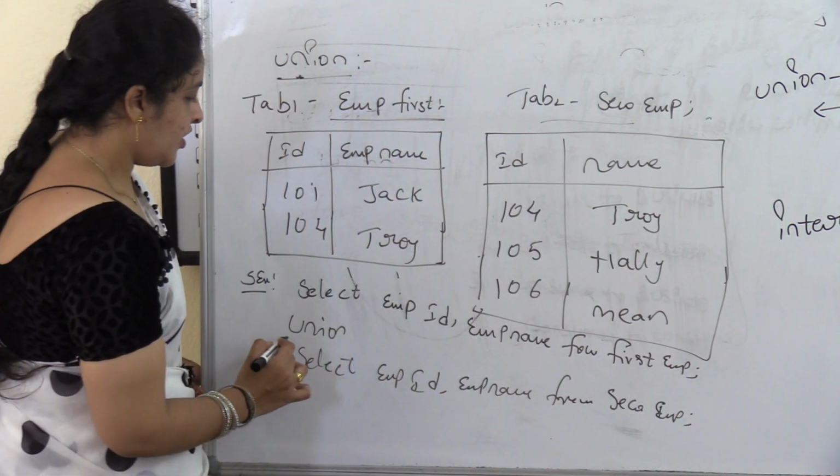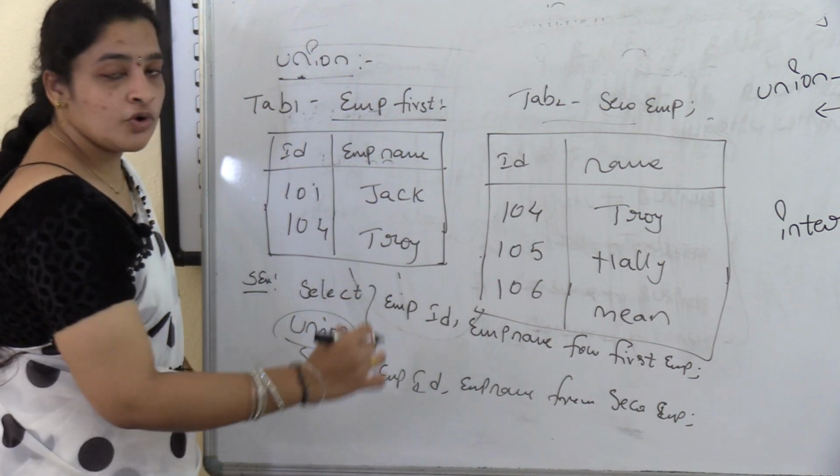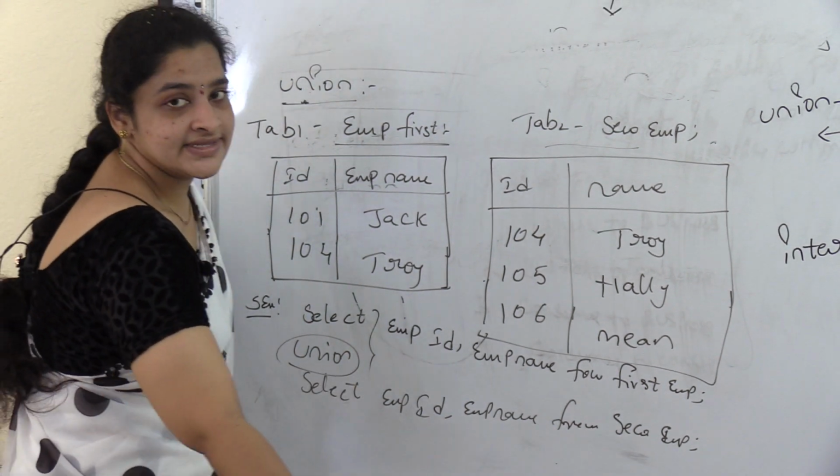Union means combining two or more select statements in the result table.